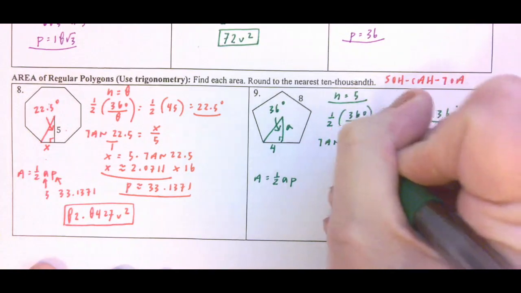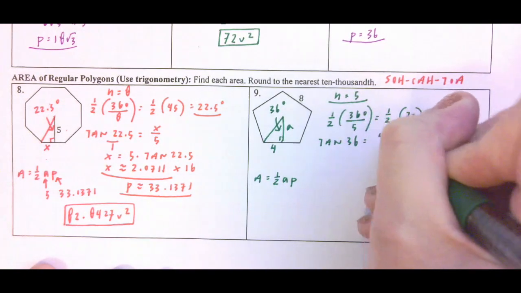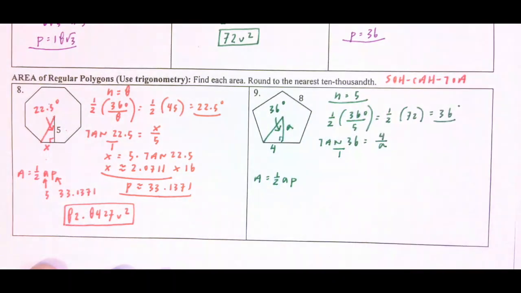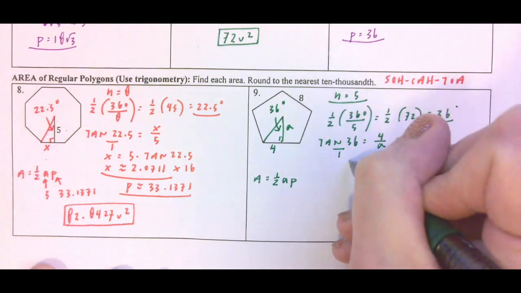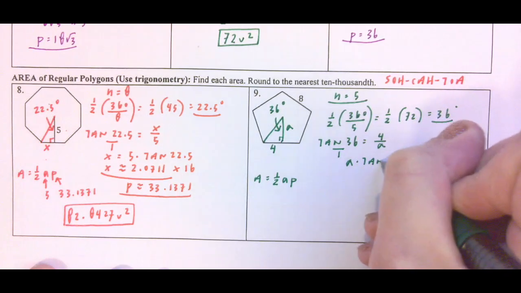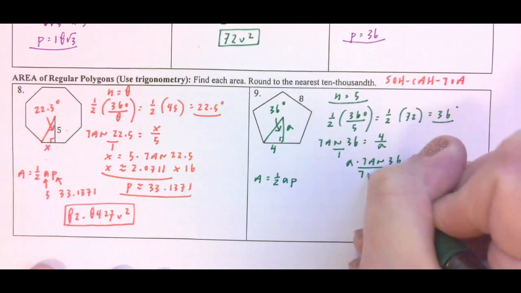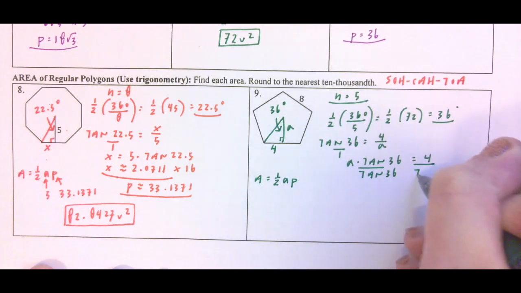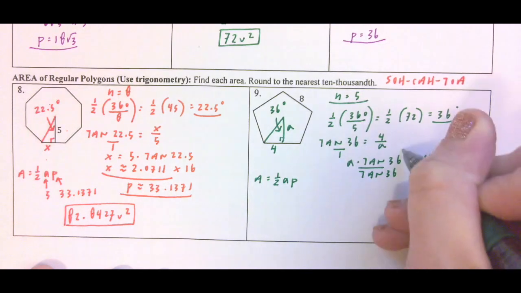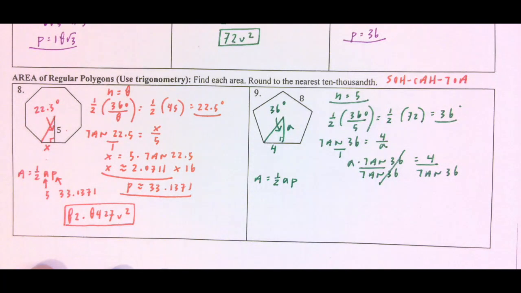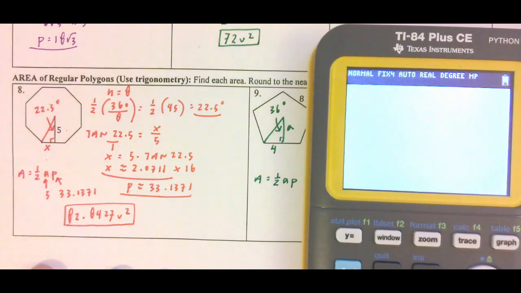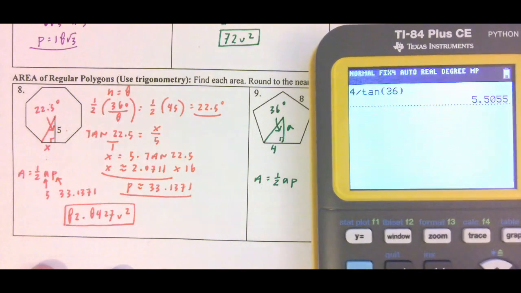You can say that tangent 36 equals 4 over a. Build it out as a proportion, cross multiply. So a times tangent 36 equals 4. Divide out that tangent 36. Okay, so 4 divided by tangent 36, that is the apothem. So the apothem is 5.5055.